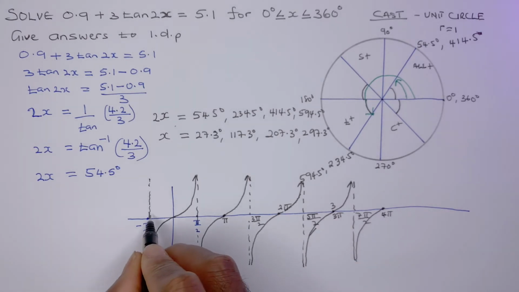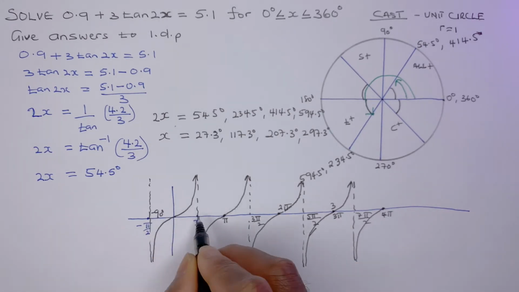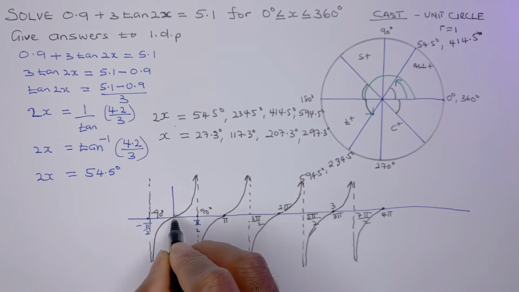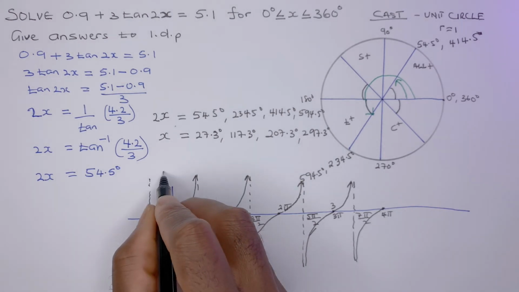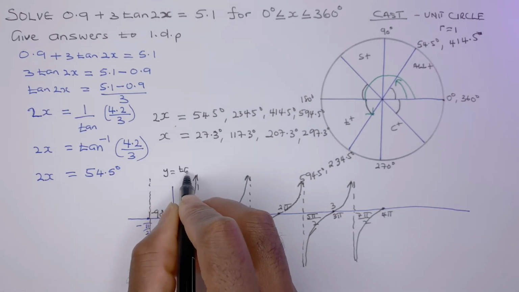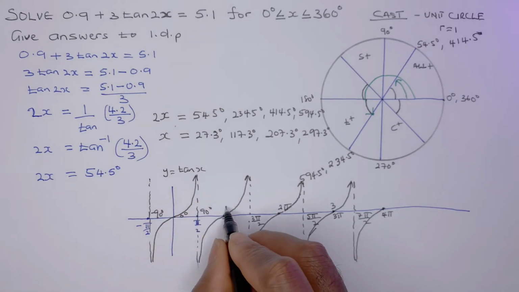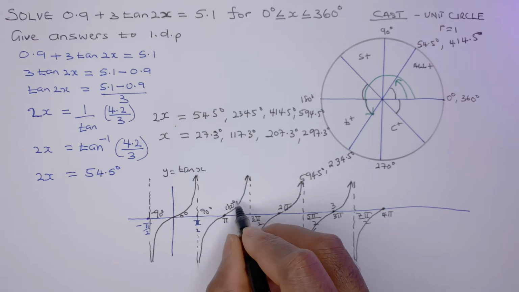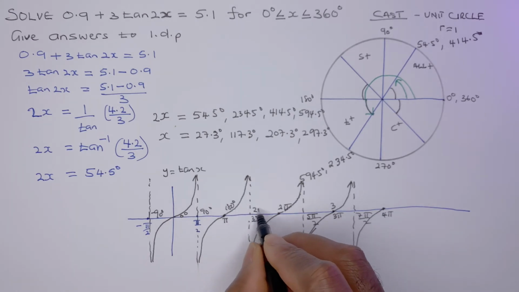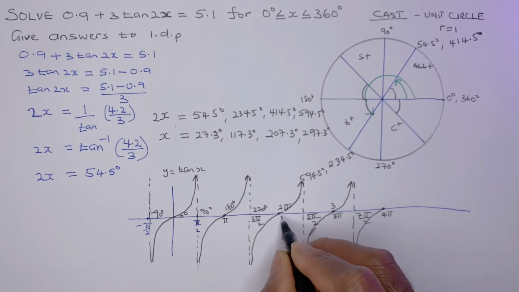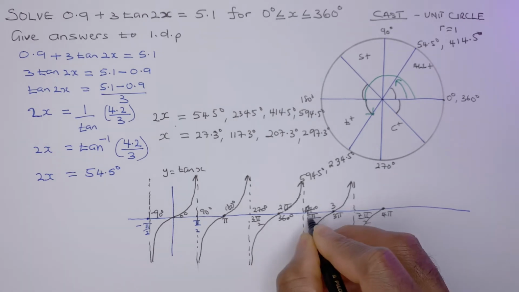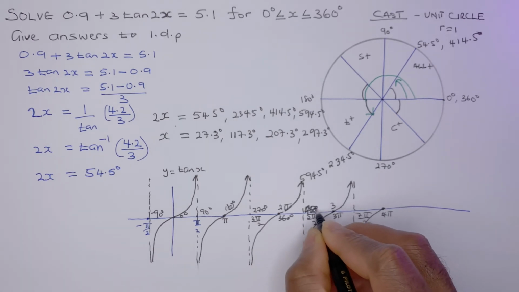So what values are these? This is minus 90 degrees, 90 degrees, 0 degrees. Remember, this is y equals tan x. And this is 180 degrees. This is 270. This is 360 degrees. 450 degrees.